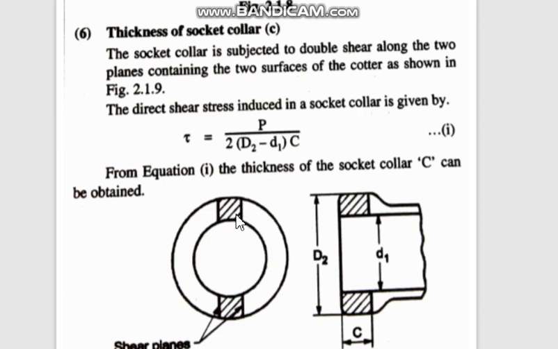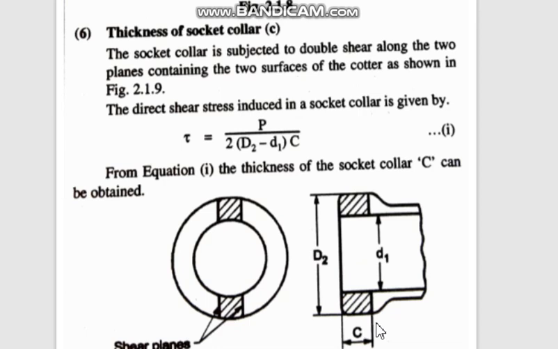So this shaded area is the area of failure. The outside diameter is capital D2, inside diameter is small d1. So capital D2 minus d1 will be this one side.